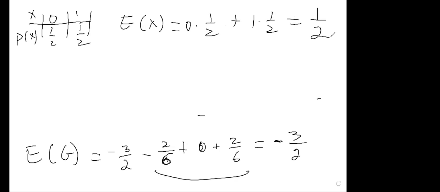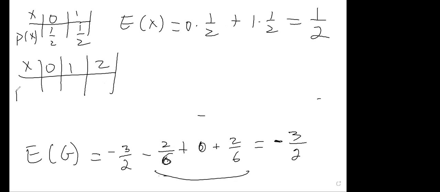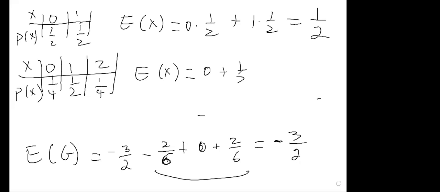The expected number of heads when you toss a coin is half. If you toss a coin twice, you can have 0, 1, or 2. This was 1 over 4. This was 1 over 2. And this was 1 over 4. So the expected number of heads when you toss a coin twice will be 0 plus 1 over 2 plus 1 over 2, which is 1.